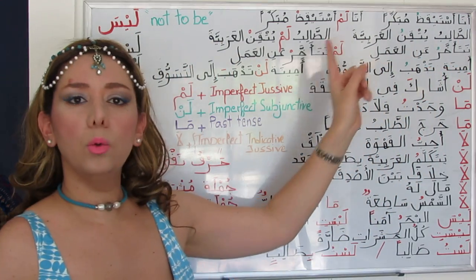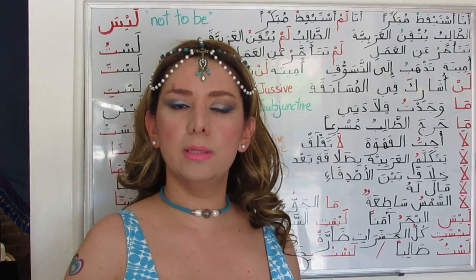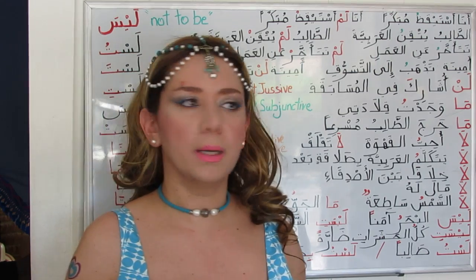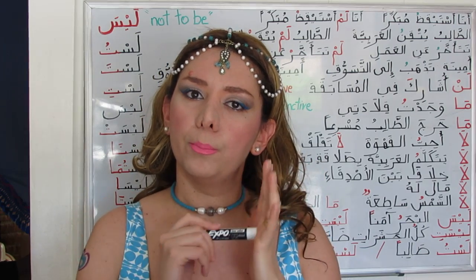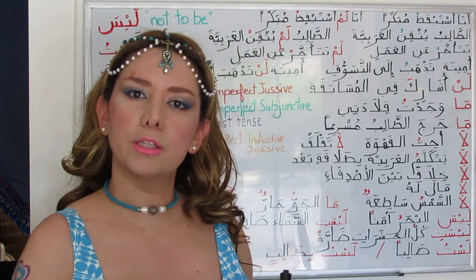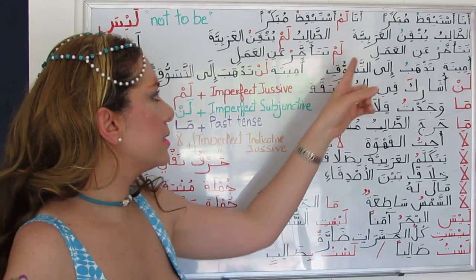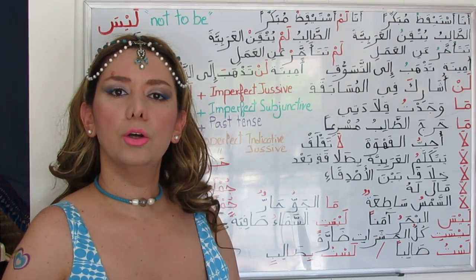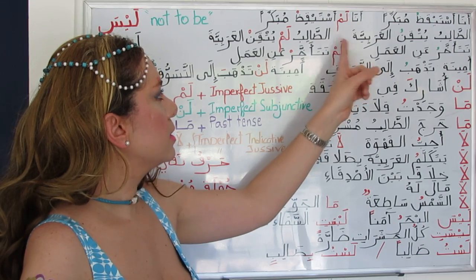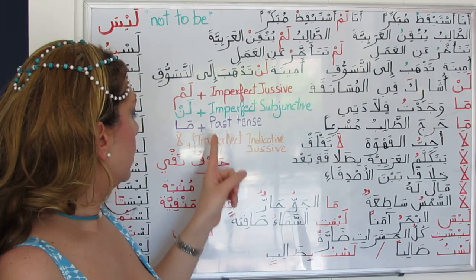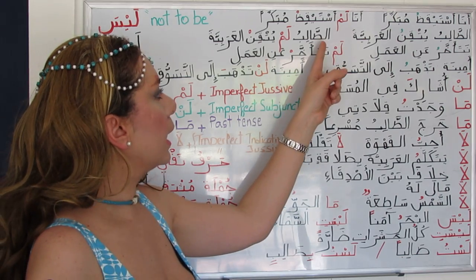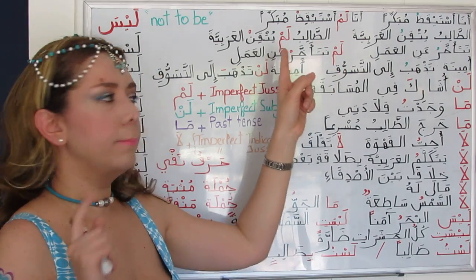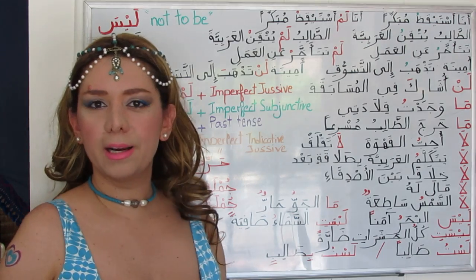الطالب يتقن العربية. The student masters Arabic. أتقن is verb form 4, to master or to perfect. Let's negate this affirmative sentence to جملة منفية. الطالب لم يتقن العربية.